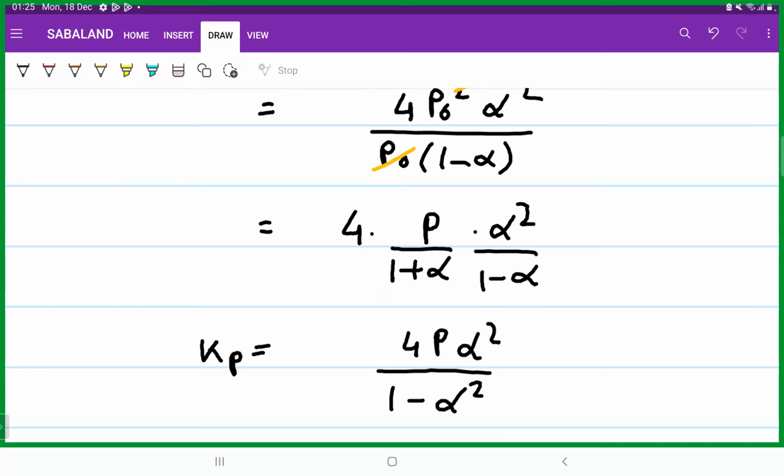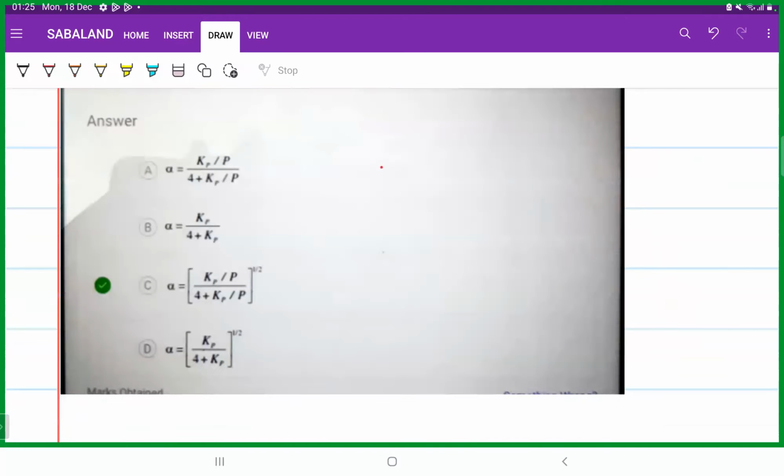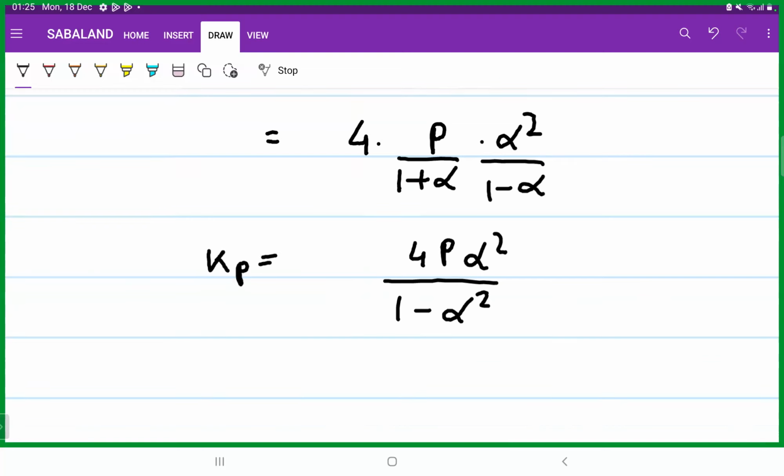Now, if we have a look at the options, we have to find alpha. So let's just cross multiply. Kp minus Kp alpha square is equal to 4 P alpha square, right?